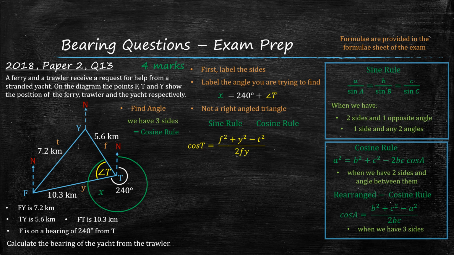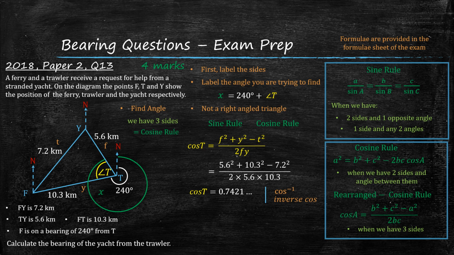So the cosine rule for our question would be cos T equals f squared plus y squared minus t squared over 2fy. Let's plug in our values: 5.6 squared plus 10.3 squared minus 7.2 squared, all over 2 times 5.6 times 10.3. Cos T in our calculator would be 0.7421 and onwards to a number of decimal places.